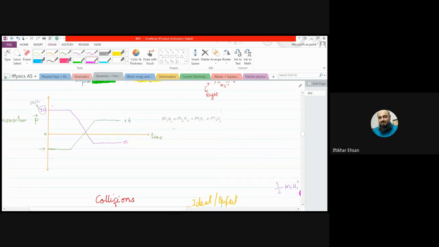So m1 u1 is given, m2 u2 is given, and the final momentum of the second object, +6, is m2 v2. Actually, we have to find this one.